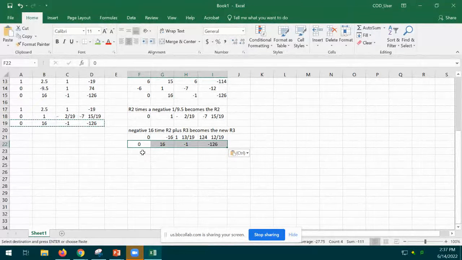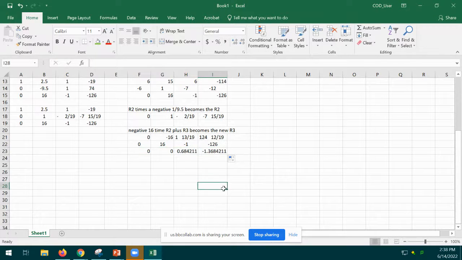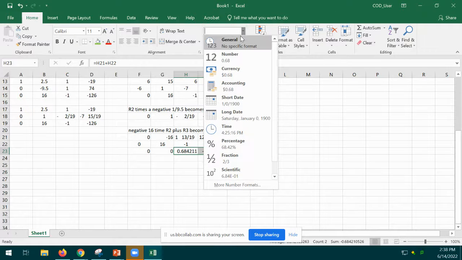And now what we're going to do is add these things. So this is equal to, I'm going to take this guy plus this guy. I'm going to pull these across, and we get that. And I'm going to try to turn these into fractions again. This is kind of a messy numerical thing.